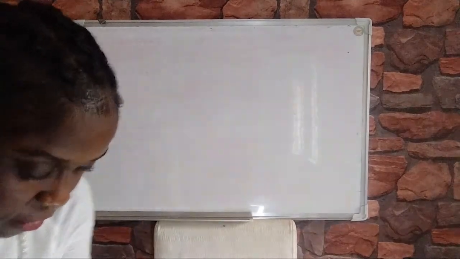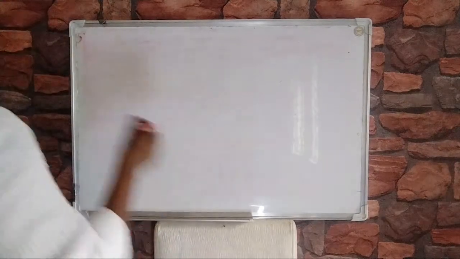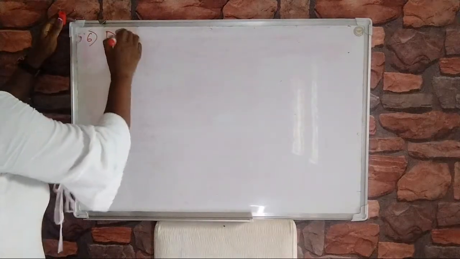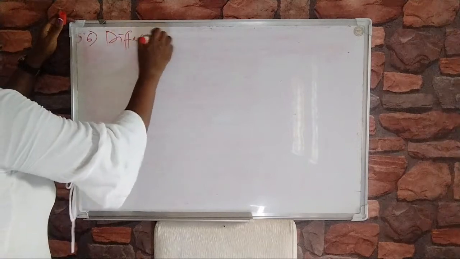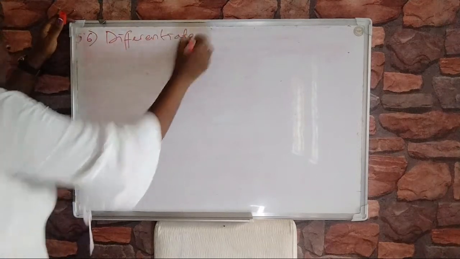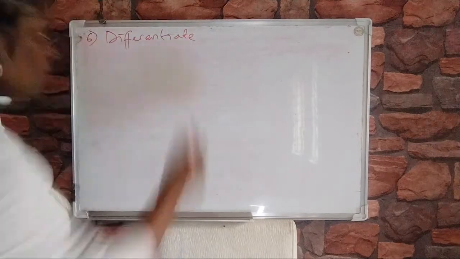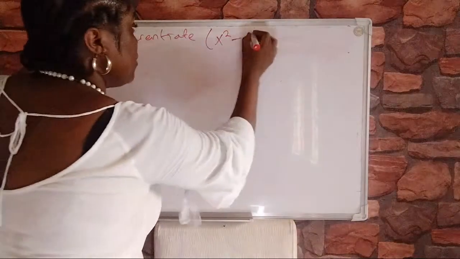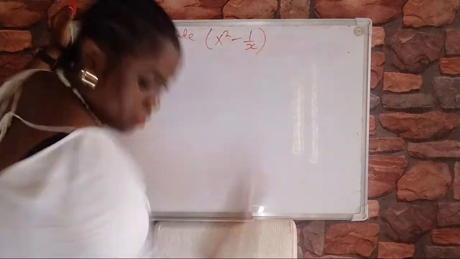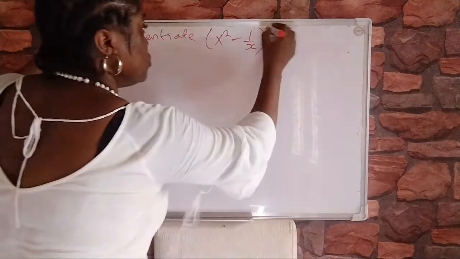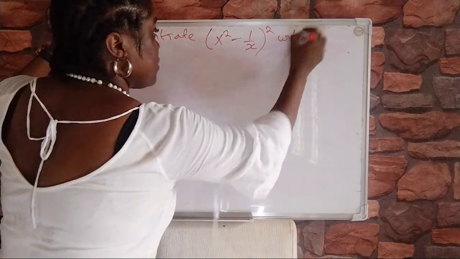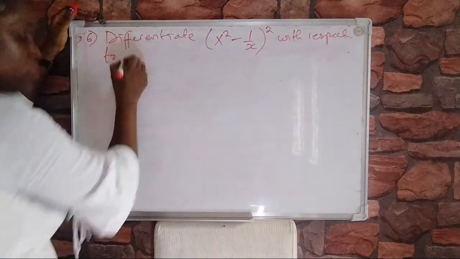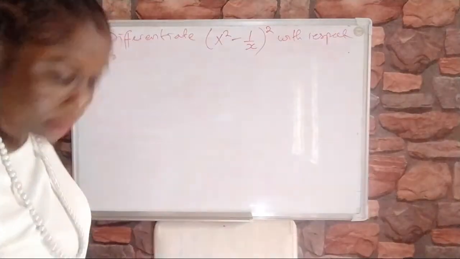Okay. Differentiate. That should be question 6, right? Differentiate the function (x squared plus 1 over x) raised to power 2 with respect to x.